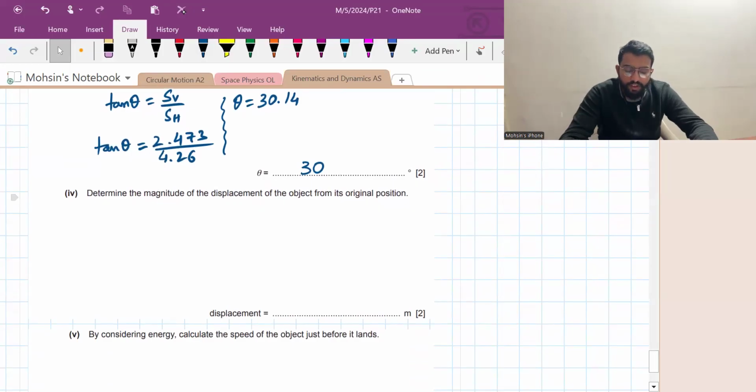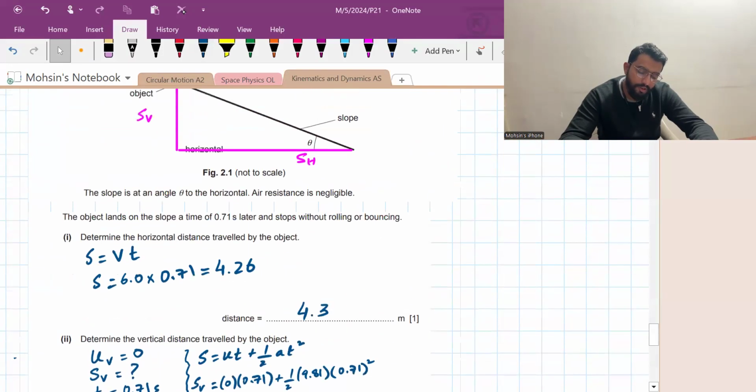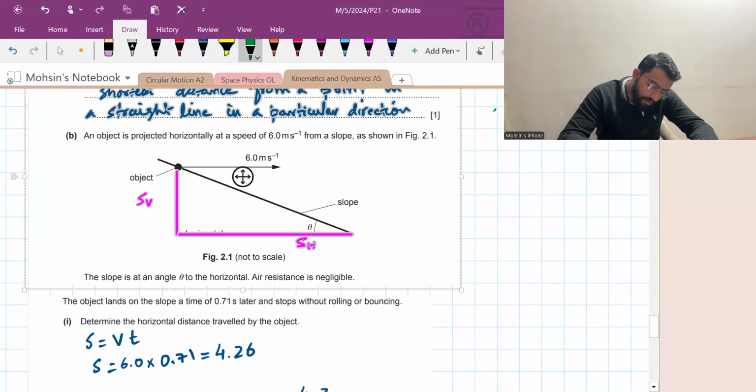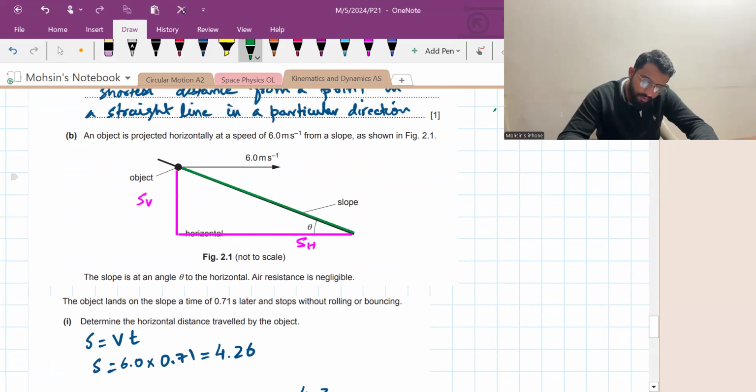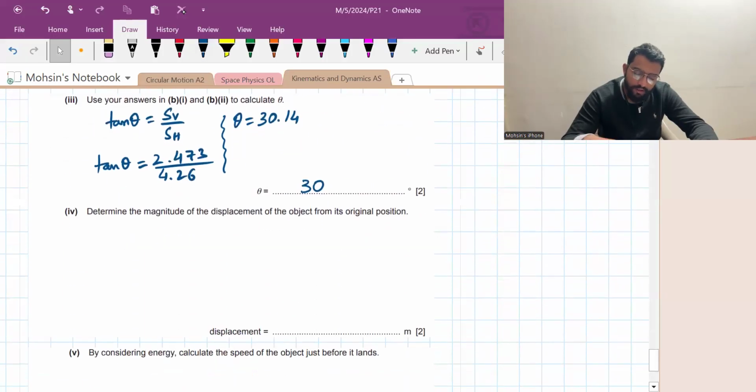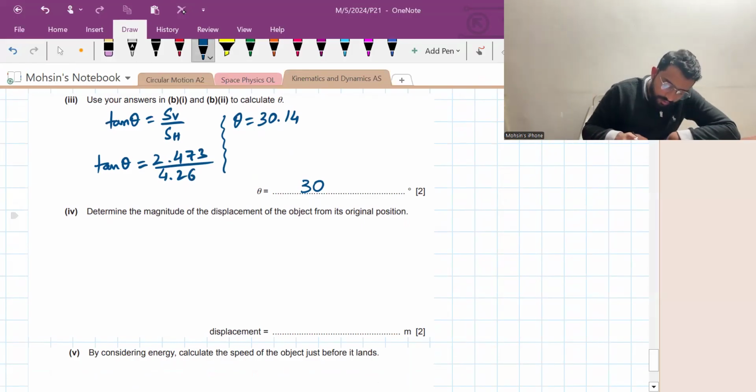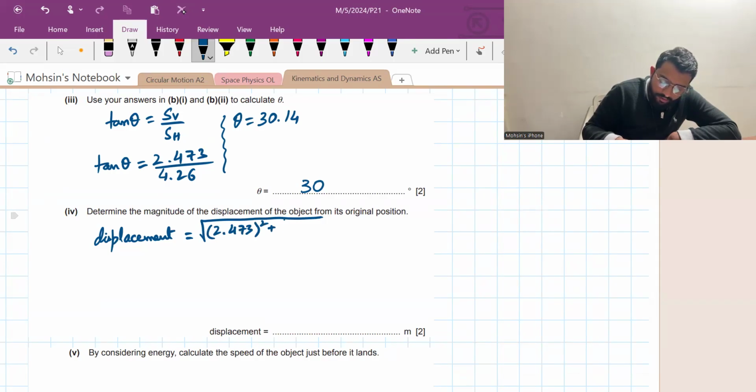Determine the magnitude of the displacement of the object from its original position. So the displacement from the original position will be basically this hypotenuse. If they're asking to calculate the hypotenuse, we can easily find it by using Pythagoras theorem. So displacement is the square root of 2.473 square plus 4.26 square.